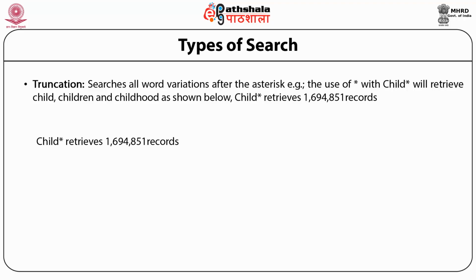Then coming to the wildcards. Wildcards are characters that are used to assist in searching for information. Wildcards are used to represent one character or letter in a word. Wildcards are especially useful in situations when the user is not sure of the correct spelling of a word.